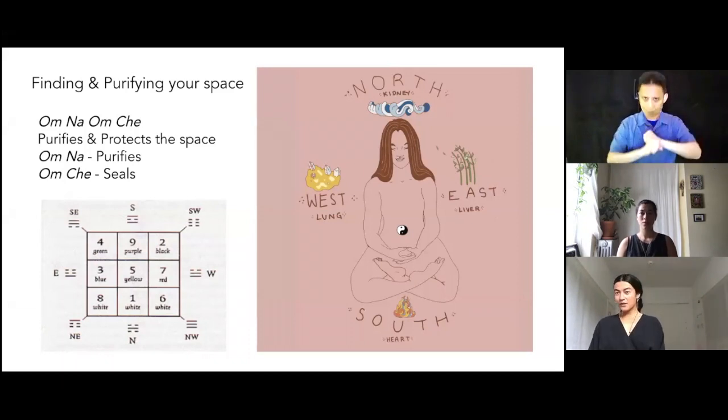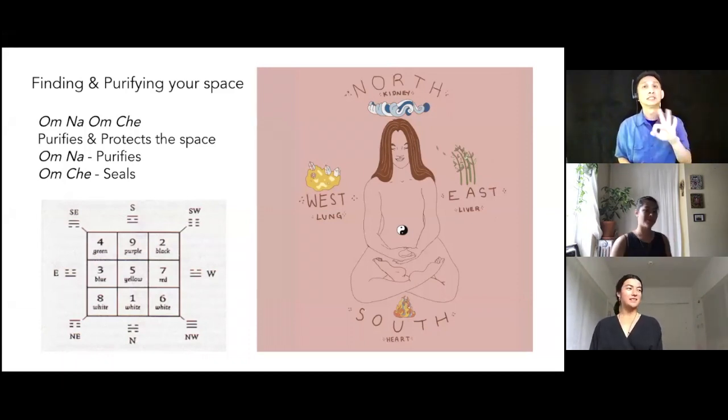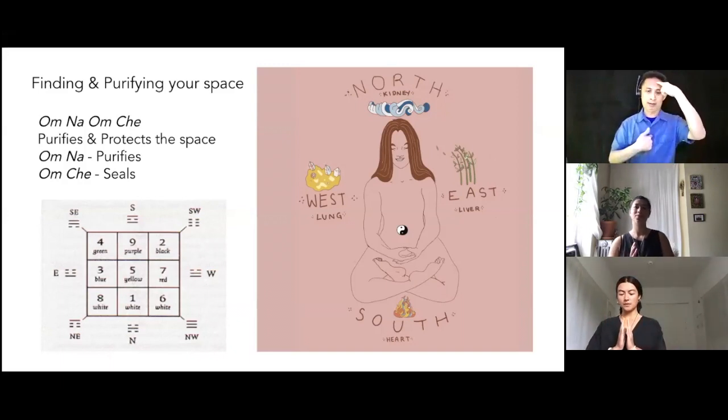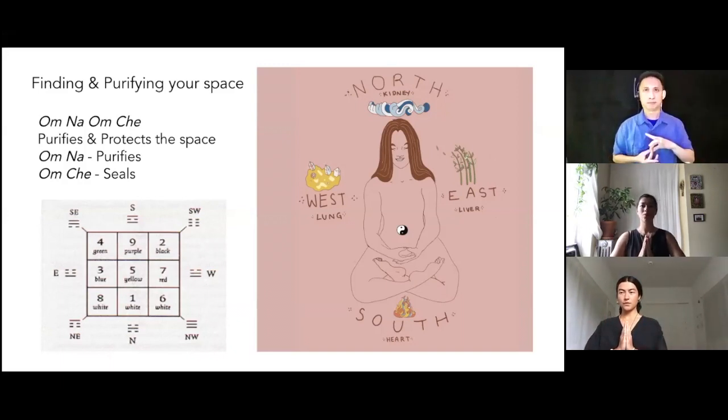So if you'll join us in this mantra to prepare for our practice, first we bring the mind and the body into harmony. And then we say this mantra, Om Na, Om Cha, 3 times to purify and seal.